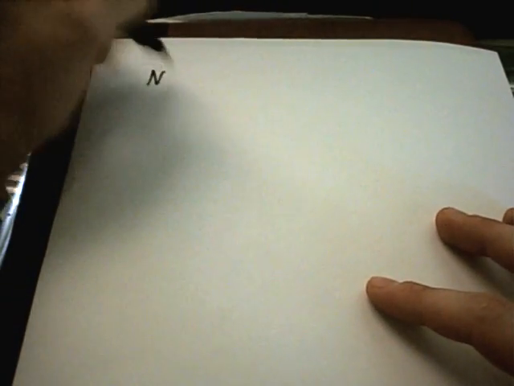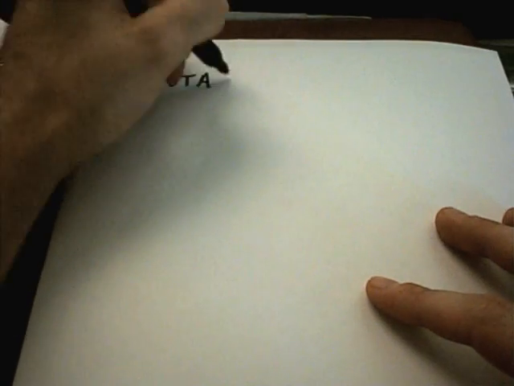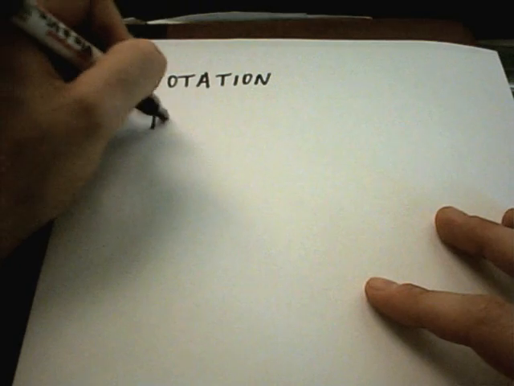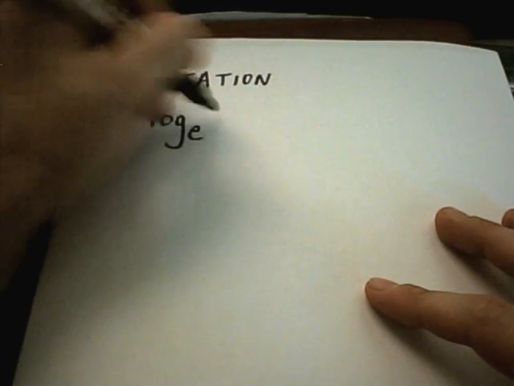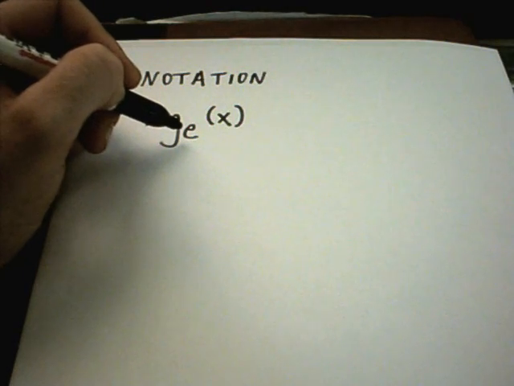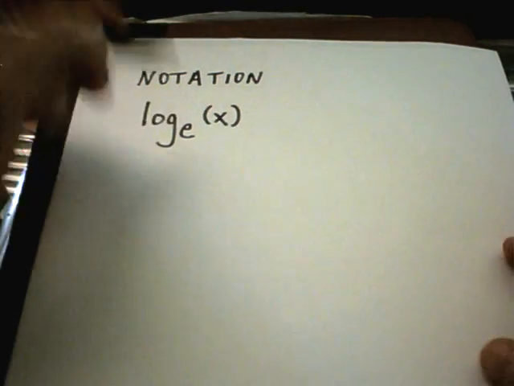Just something notationally that's very important. And I'm not going to do any examples of these, just recall. So this is just notation. When somebody writes log base e, and recall e is just a number, 2.71, and there's more to it.